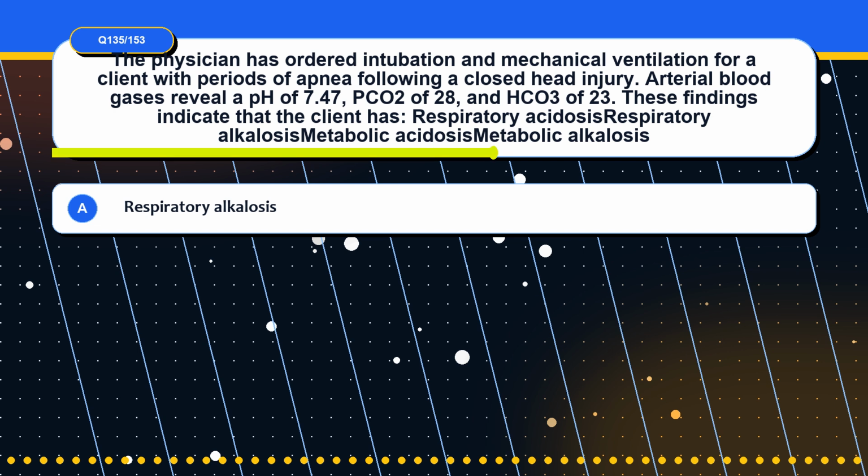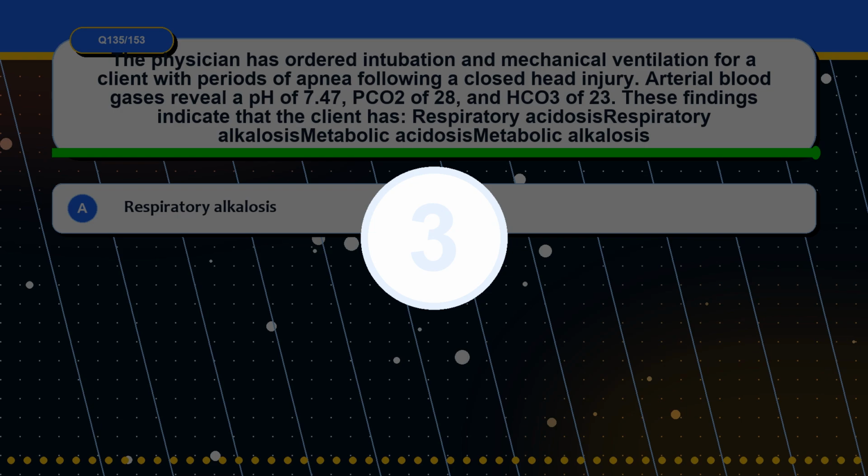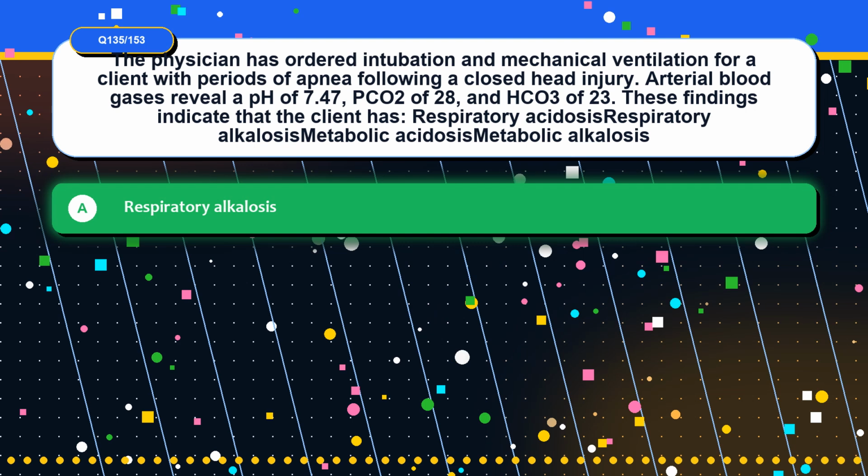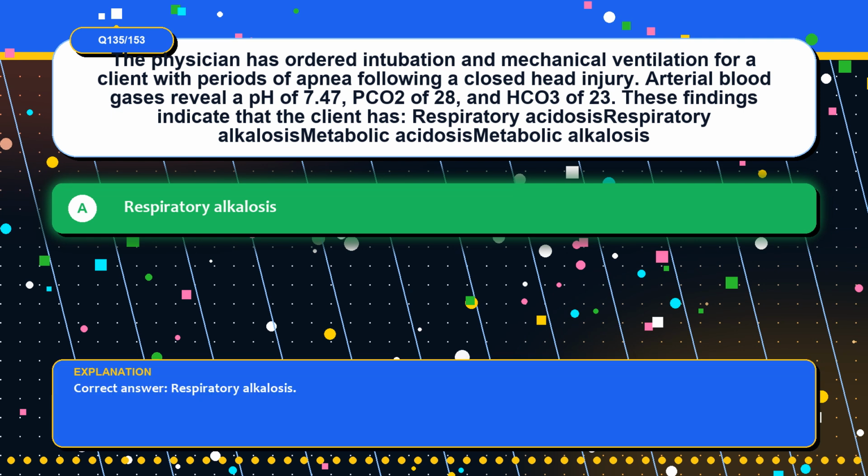These findings indicate that the client has respiratory acidosis, respiratory alkalosis, metabolic acidosis, metabolic alkalosis. Here are the options. Option A. Respiratory alkalosis. The correct answer is option A. Respiratory alkalosis. Correct answer.